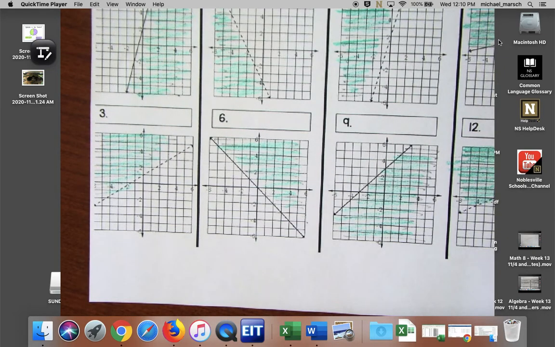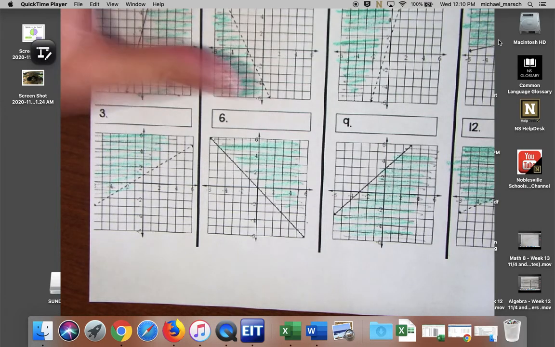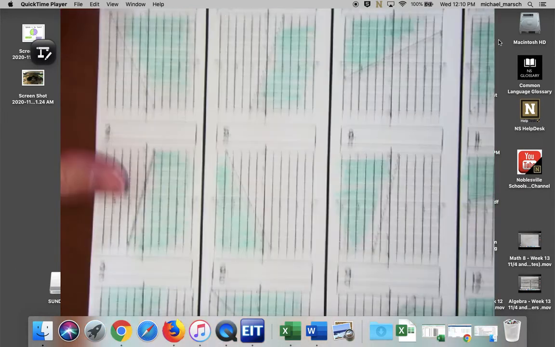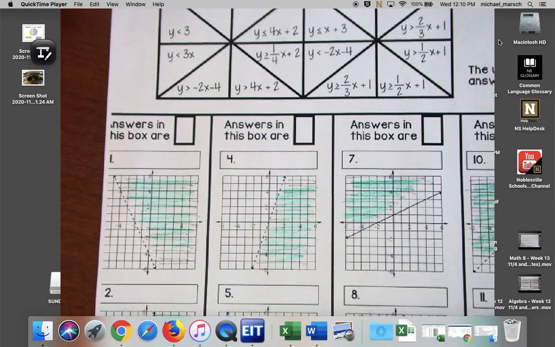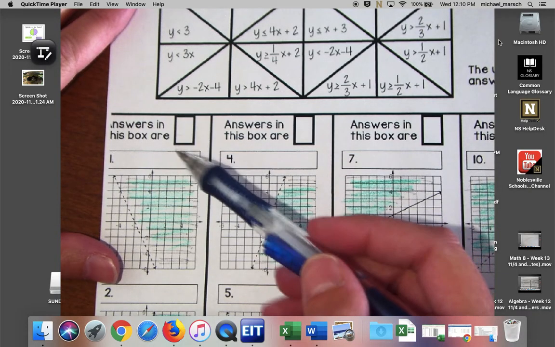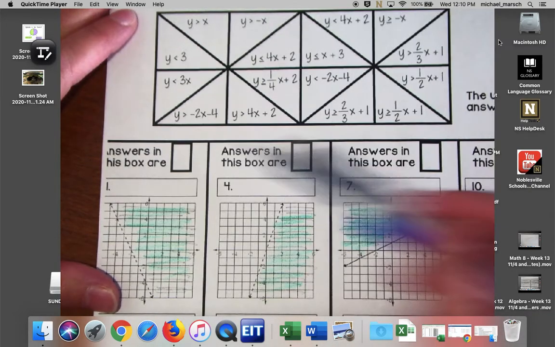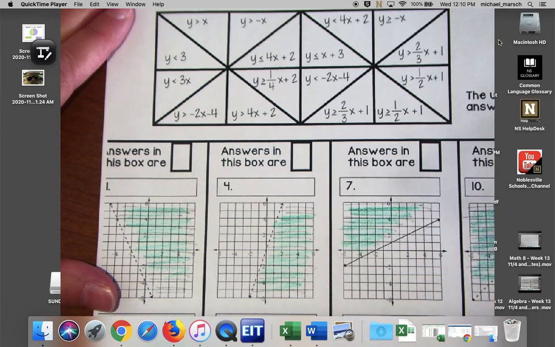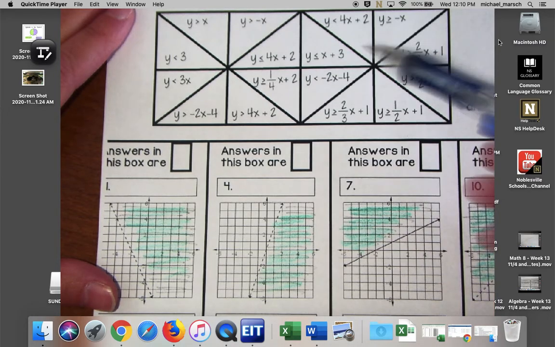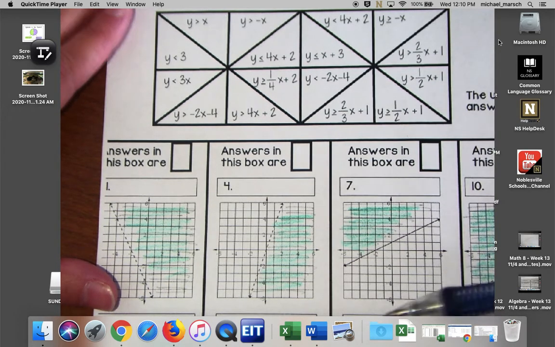And this is what we did in our notes just today, where you're given the graphed inequality, and you have to write the linear inequality. Okay. Here's the interesting thing. You guys get to pick what color you want certain parts of this to be. And all the answers are up here. So if you make a mistake, you're going to know right away because you're not going to be able to find it. This is why I like these ones, right?